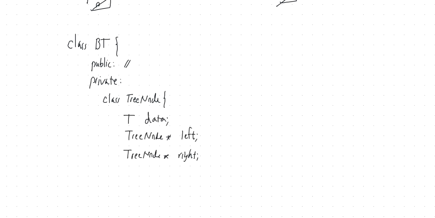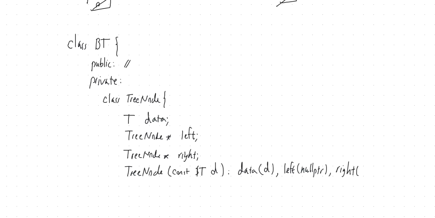And similar to, if you remember, linked list, we might want to have a constructor here that creates a tree node. So it takes some value of type T, named D, and then it initializes data with D, and it sets left and right pointers to null. So left is null, and right is also null.